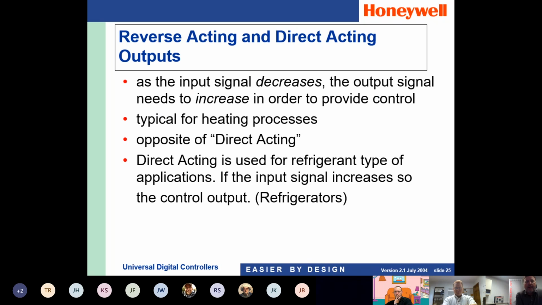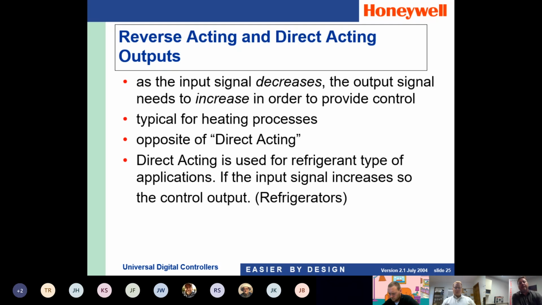For example, if we had a heat treat oven and we were trying to control at 800 or 900 degrees, and we open the door to put parts into the oven, what would happen to the process variable? It will probably start decreasing. Well, when the process variable starts decreasing, the control output on that PID controller will start increasing to compensate for that signal going low and bring it back up to set point.